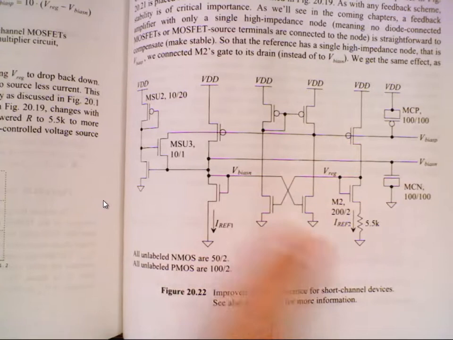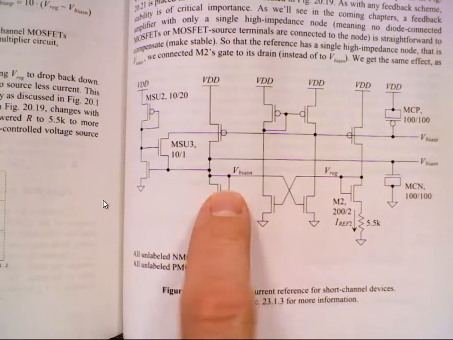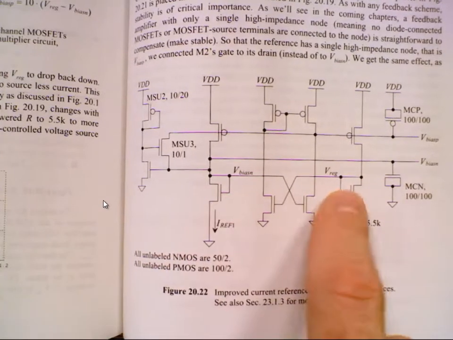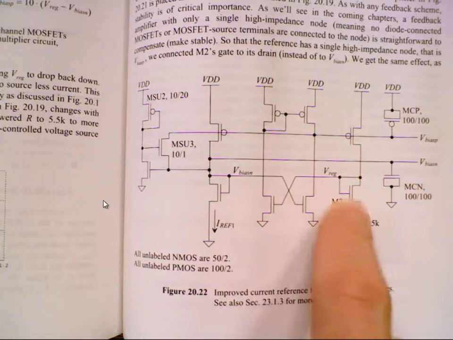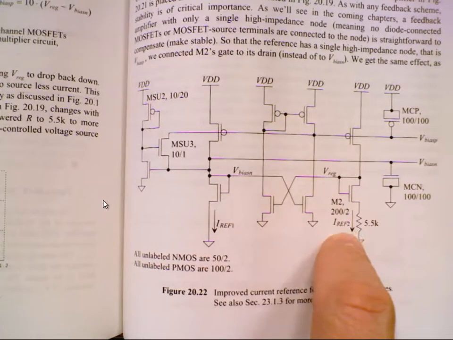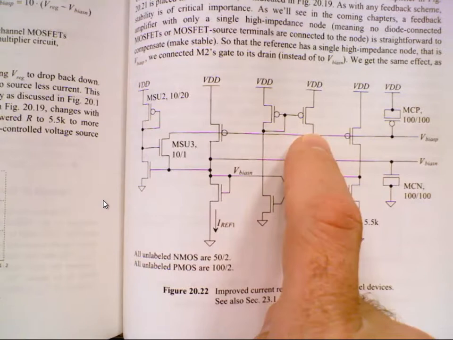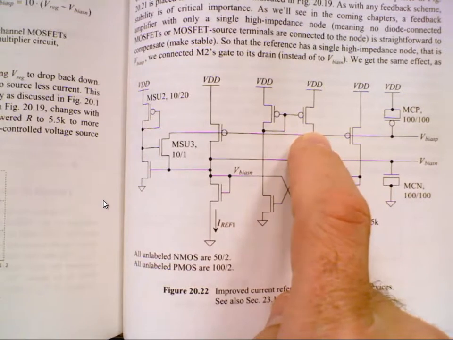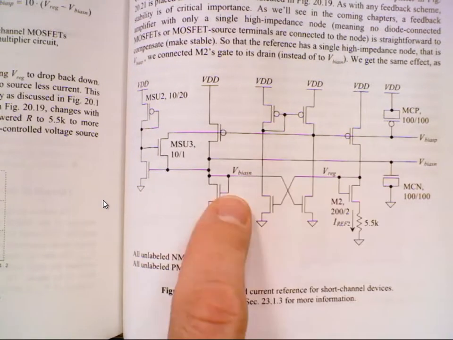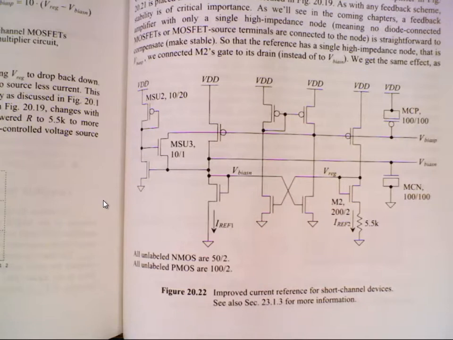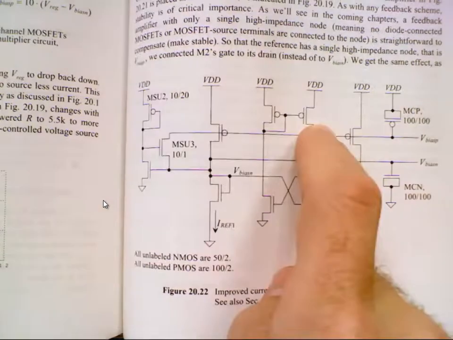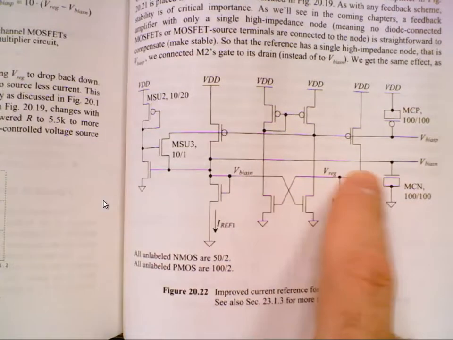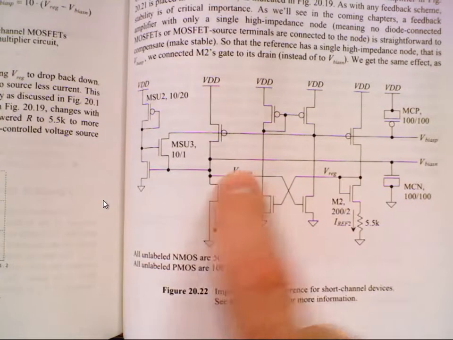No. What we end up getting is the VGS of M1 is equal to the VGS of M2 plus the current through Iref times R. So the fact that these voltages in here are changing isn't really that important. What I'm going to say is my reference voltage, and I could pick this one and it'll change, or I could pick this one, the V bias N, and it'll change.